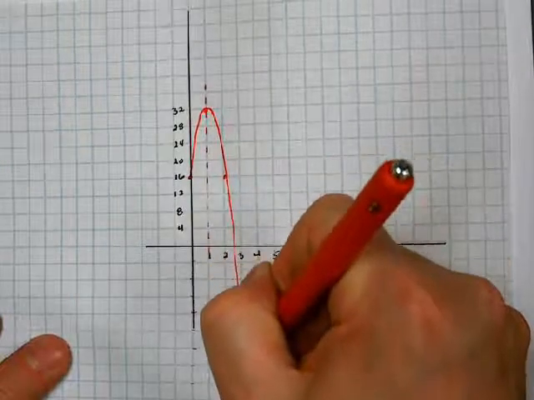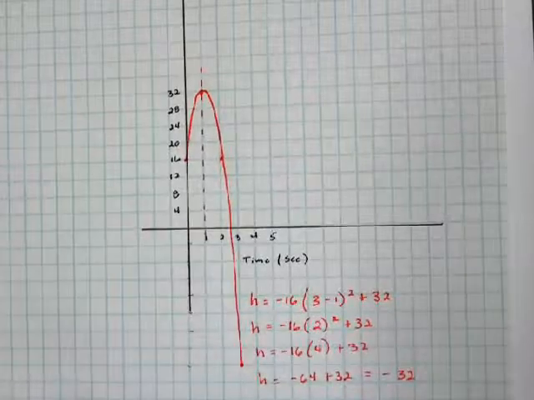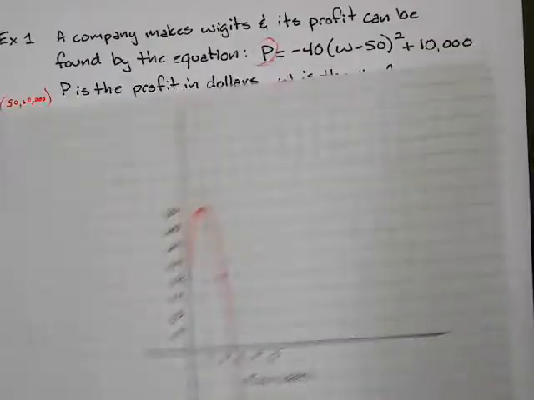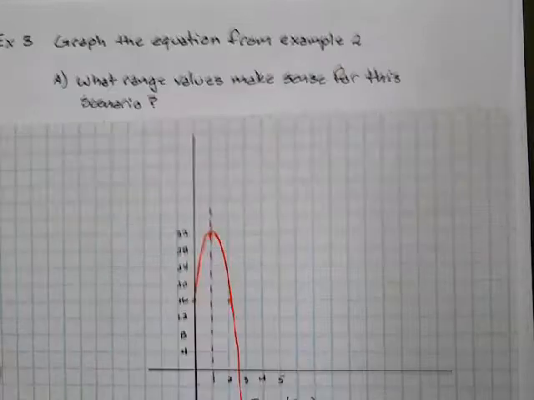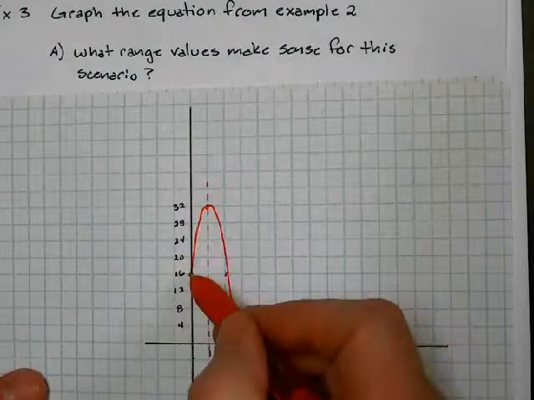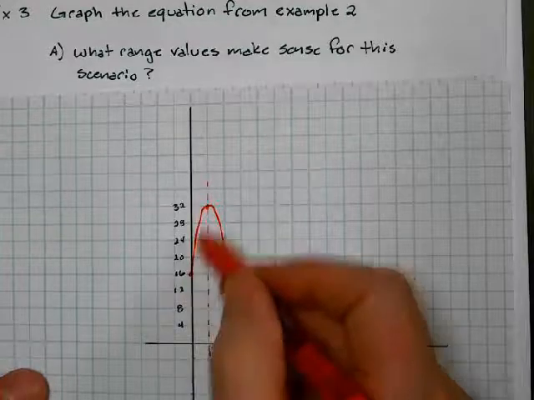All right, so the question was, what range values make the most sense? So here's the original question. What range values make the most sense? Well, I know that the plane is going to be at 16 feet here, go up to 32 feet, and then come down.